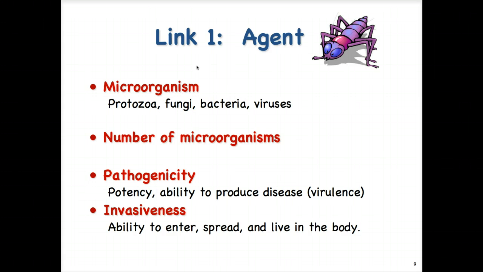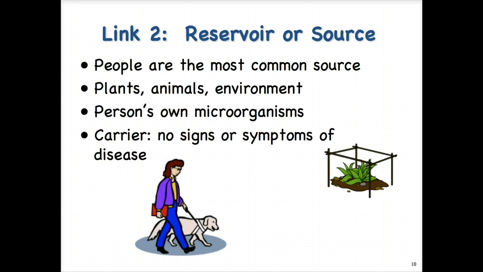And then also, what is the invasiveness, that is, an organism's ability to enter the body? So there can be a microorganism, it could be in large numbers or small numbers, and based on the organism, how likely is it to make a person sick, and how capable is the organism of getting into the body, living, and spreading infection?